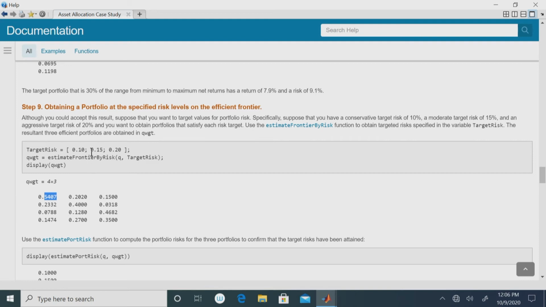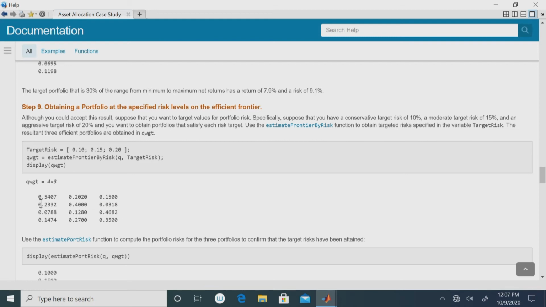Then if you switch from 10 to 15% of your risk tolerance level, the weight immediately comes down from more than 50%, or more than 0.5, to something like 20% of your total money being invested in the bond. And finally, when you set it at 20%, the optimized portfolio turns out that you just have to put the minimum 15% that you are required by the constraint to put in the bond.